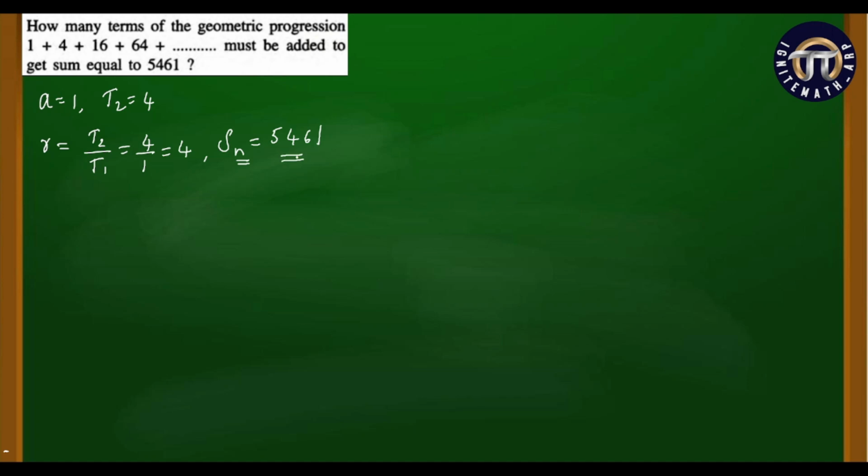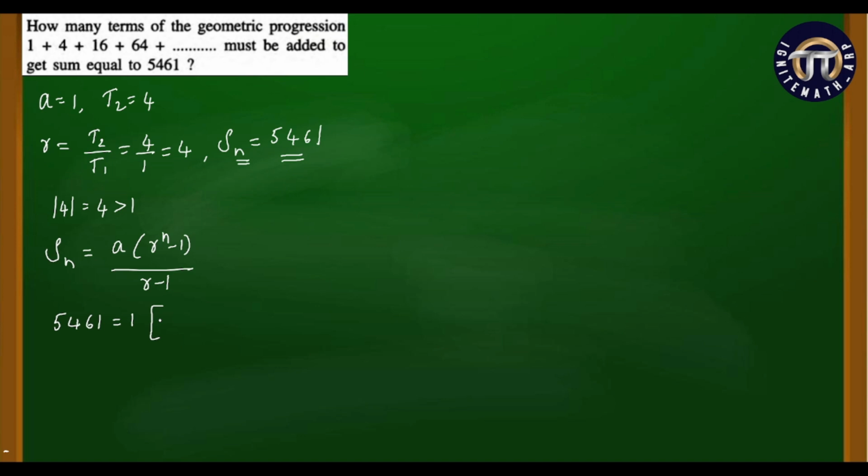Clear, children? So now here I'll find out the modulus of R, that is modulus of 4 is equal to 4, which is greater than 1. So I need to use the formula Sn is equal to A into R to the power of n minus 1 by R minus 1. Later, I do the substitution. Sn is known to you, that is 5461 is equal to A, A is 1.